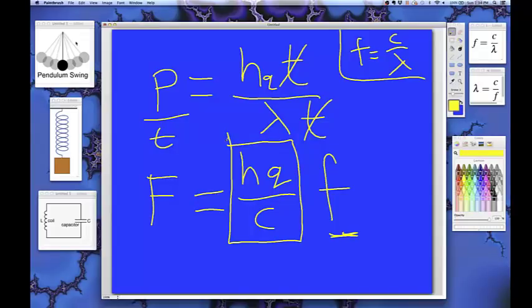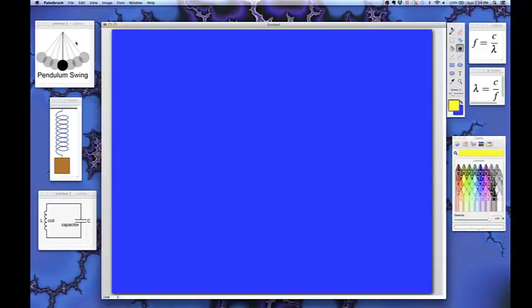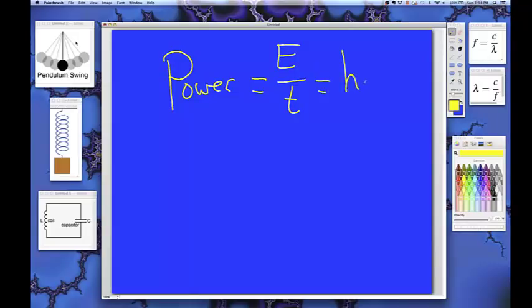So now I have two equations that look really similar. I have power, which equals energy over time, equals h_Q times frequency.